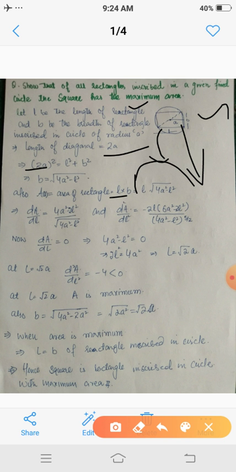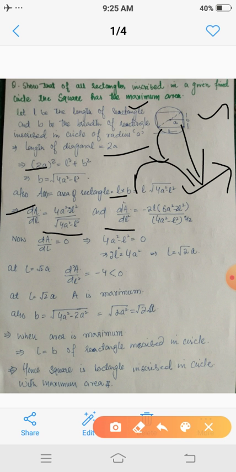Now we have to prove that the area is maximum for the square inscribed in the circle, that is, find under what conditions the area is maximum. For this we differentiate the area with respect to L. On differentiating, using the product rule, we get (4a square minus 2L square) upon root of 4a square minus L square.